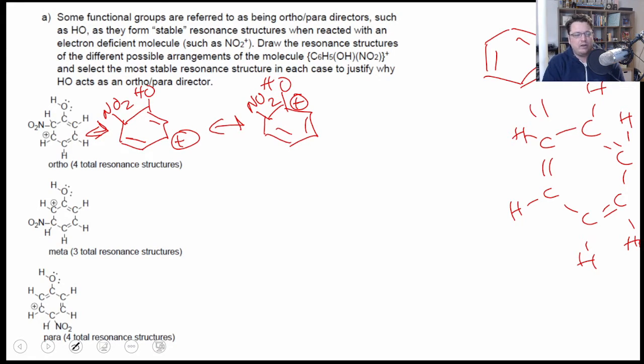And so, when you have an electron deficient atom, one that isn't at a full octet, one way that you can stabilize it is if you have a bunch of resonance available to spread out that positive charge across a bunch of atoms.